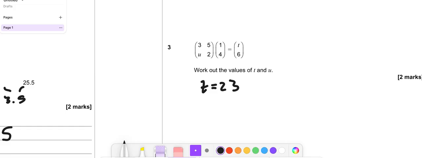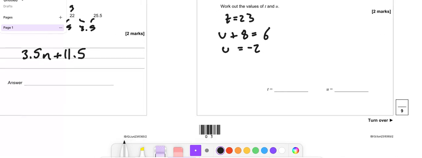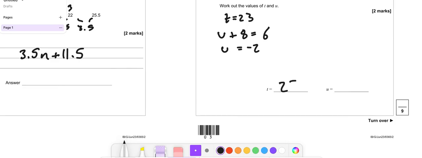Then the next one, u times 1 plus 2 times 4, which is 8, is going to equal 6. So u is going to equal minus 2. So t is 23 and u is minus 2. I think the only reason they write the questions like that is just so that they can't be done easily on a calculator.